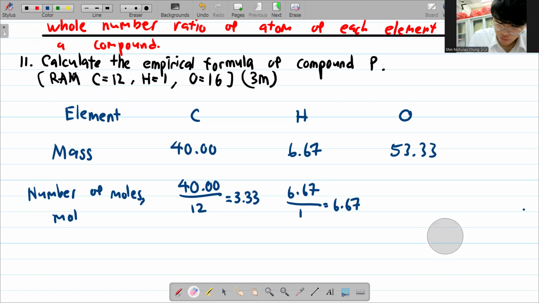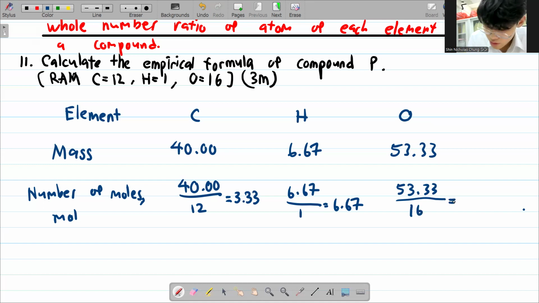Next, we have our oxygen. Oxygen is 53.33 divided by 16, the relative atomic mass of oxygen. So the answer that we get is 3.33. So after we find our respective number of moles, we are going to do our final thing. What's the final thing?